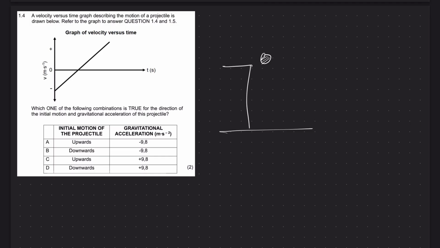But here's how we can solve it quite easily. If you look at this graph, this line, that is a positive slope. In math, we know that that is a positive slope. In other words, it is a positive gradient. And we know that the gradient of a velocity time graph is acceleration. So it tells us that the acceleration is positive.